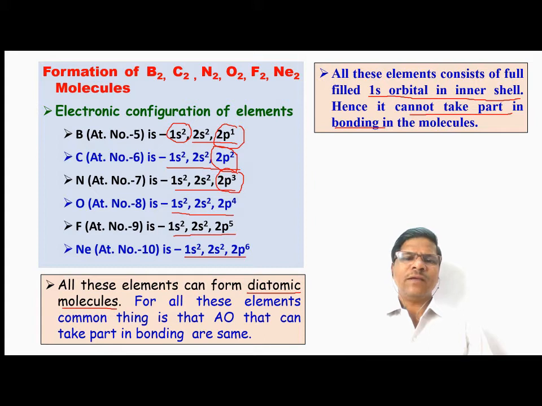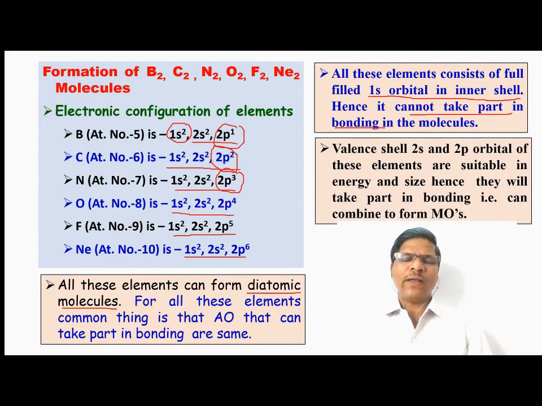This is the important characteristic that we have to remember: though the 1s atomic orbital is present in these elements, it is inner, that is small in size, and as it is small in size, it is not oriented up to the periphery and it cannot take part in the bonding.